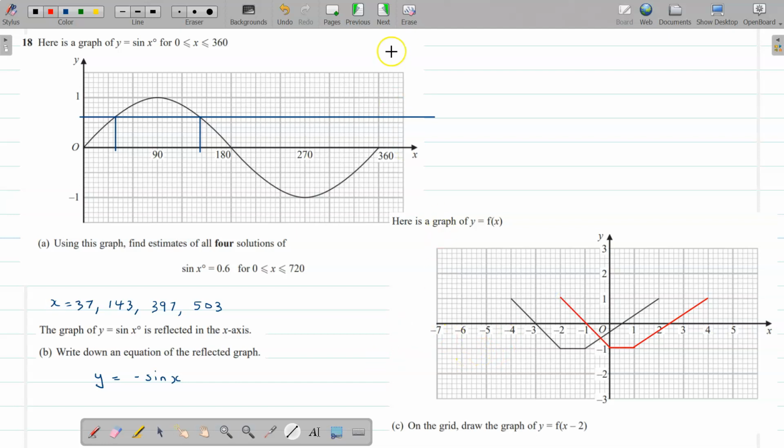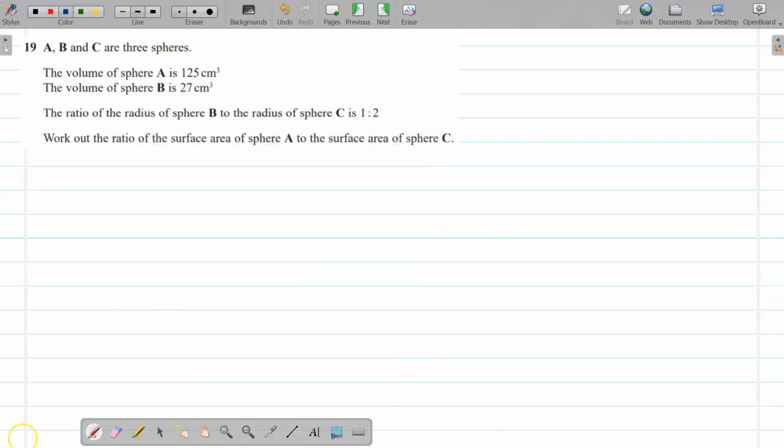Okay, and next question. This is about volume, area, and linear scale factors and ratio. What I'm going to do here is we've got these 3 spheres, and I'm just going to make a little table which will explain what's going on.